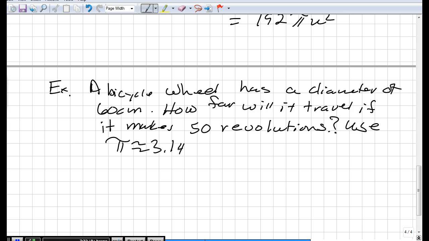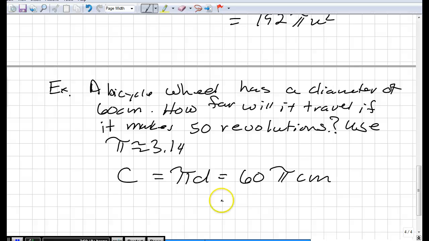So if the tire has a diameter of 60 centimeters, then we need to find its circumference. So circumference equals pi times d. So we get 60 pi centimeters is the circumference. Okay? And we're told to use 3.14 for the approximation.